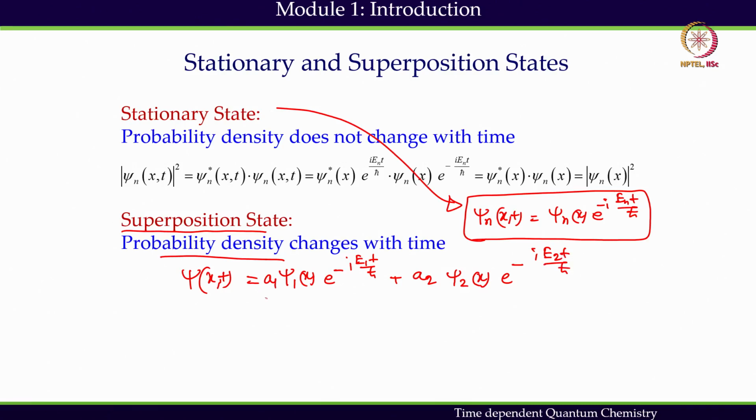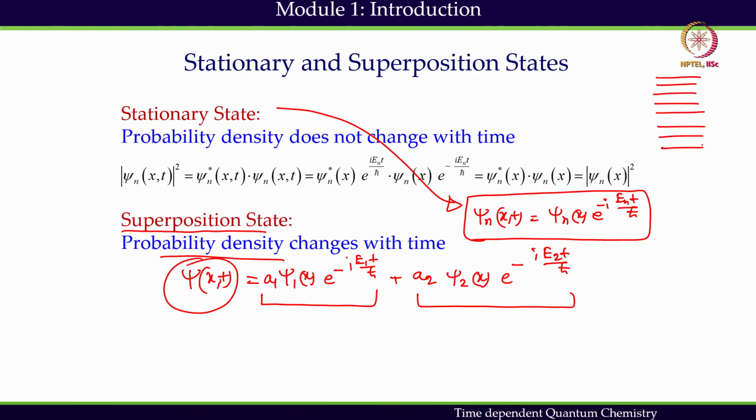A linear combination of two stationary states I have to add. At least two stationary states need to be added to express the state of the particle. So, let us say I had a particle and these are the stationary states I had. Somehow I have managed, if the particle is staying only in this state, then the density will never change as a function of time.